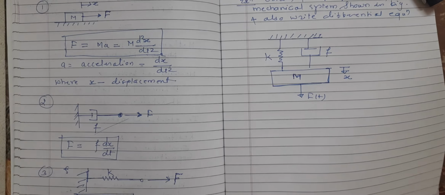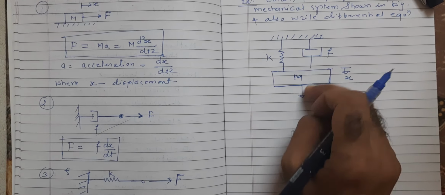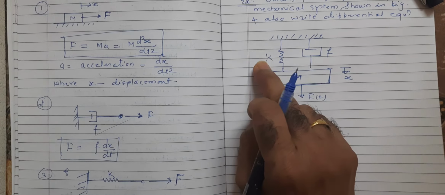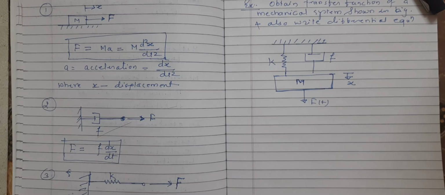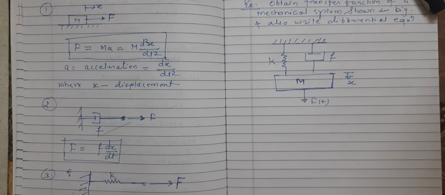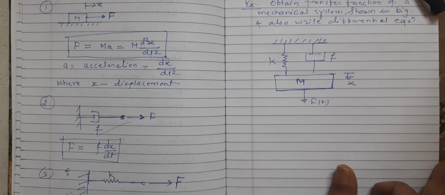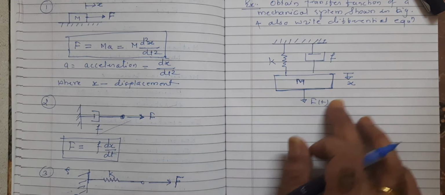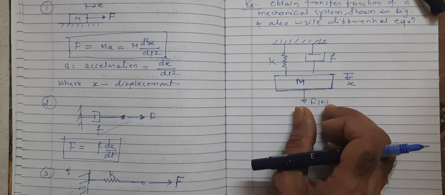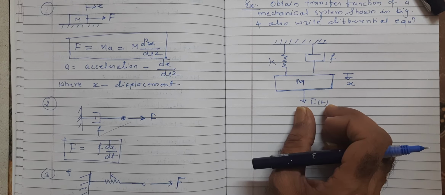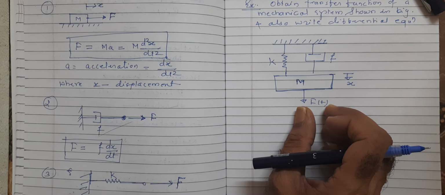Now see here, the three components K, F and M are connected together across. This is the mechanical system.